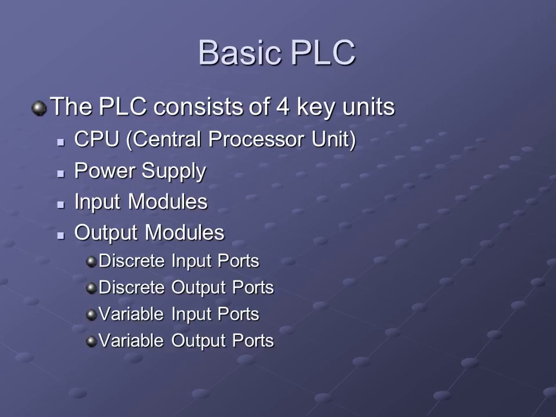A basic PLC consists of, and make sure that you pay attention to this, the components of the PLC. A PLC consists of a CPU, which is the brain, okay? A CPU, a power supply, an input module, an output module. 4 things.